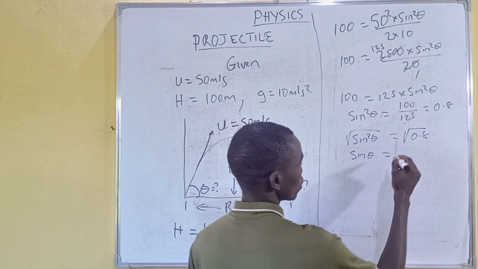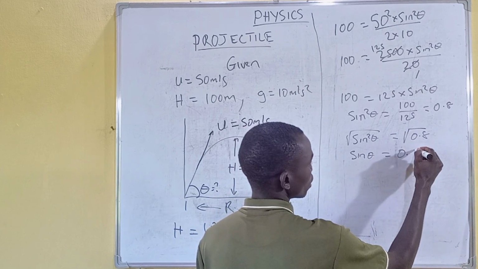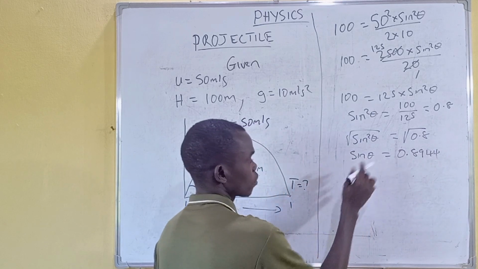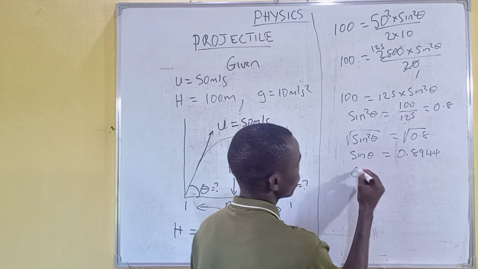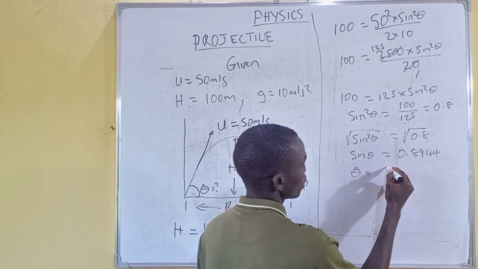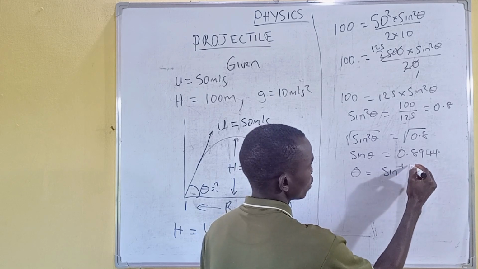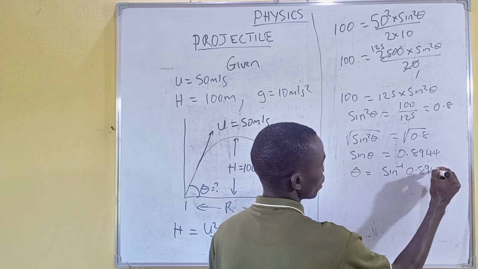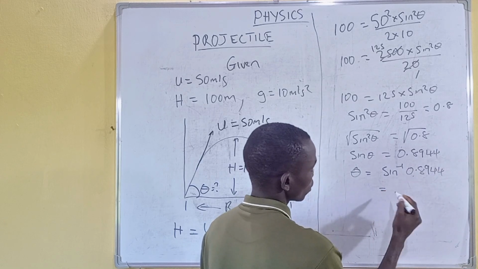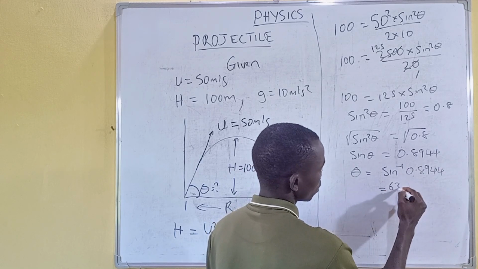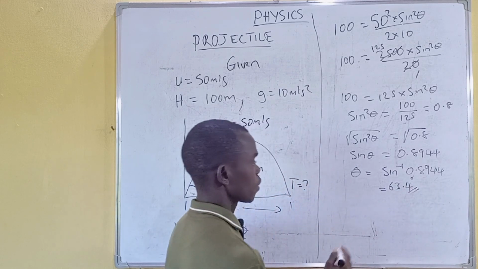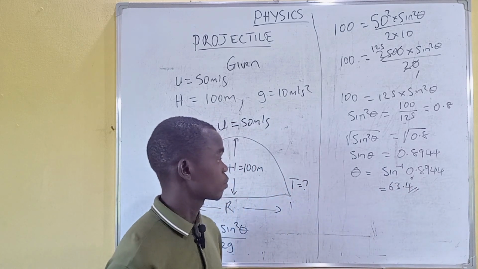When you press your calculator, it will be 0.8944. So if we are to find our angle, theta equals arc sine 0.8944, which is equal to 63.4 degrees. These are our angles of projection.